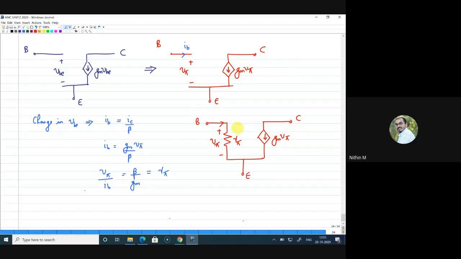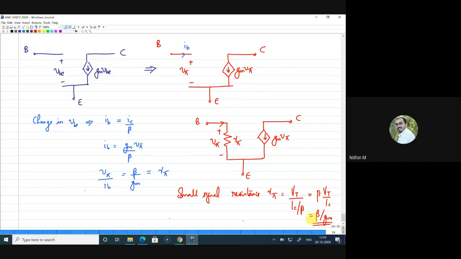Now to find the resistance value of R pi, we know anyway. The small signal resistance R pi can be obtained as Vt divided by the current. I am using the same formula, Vt divided by the current. What is the current flowing through this? The DC current flowing through it is IB, which can be written as IC divided by beta, so R pi is beta into Vt by IC, which is equal to beta divided by GM.